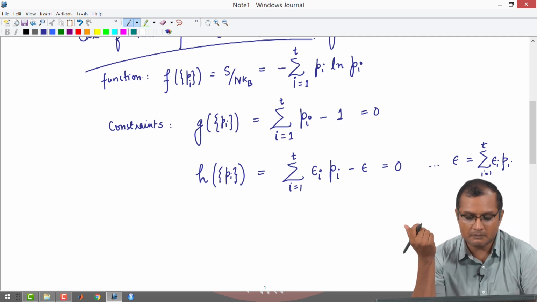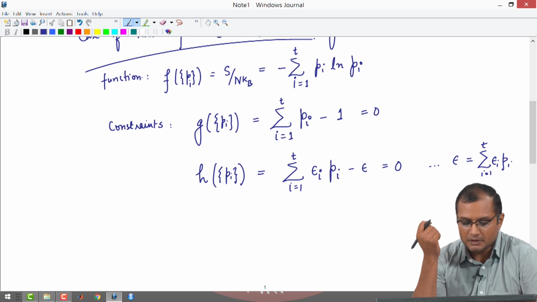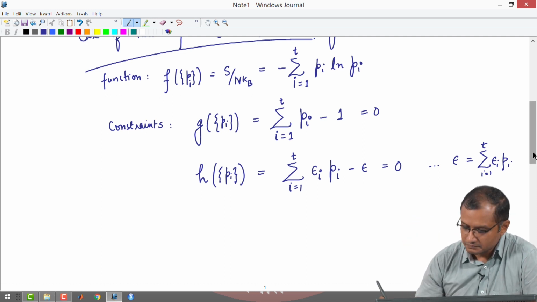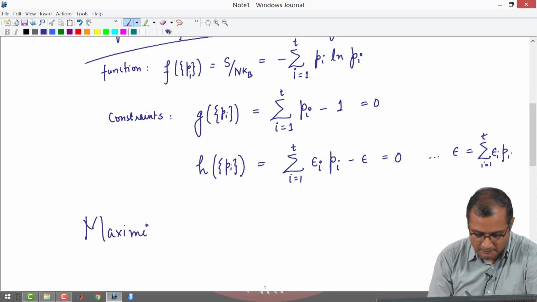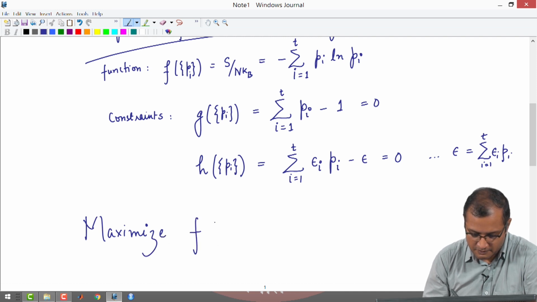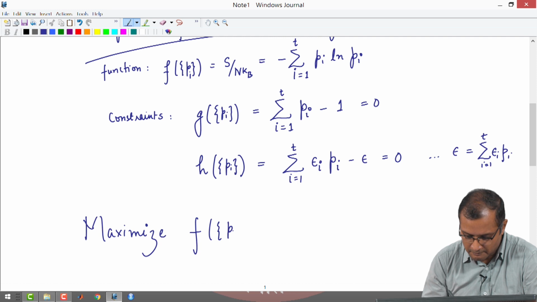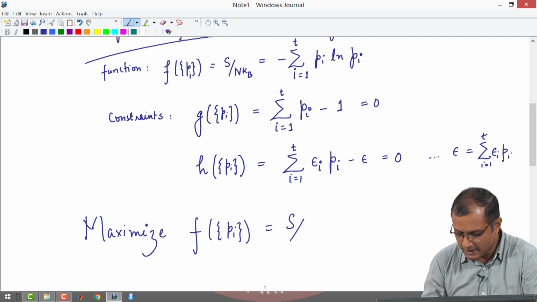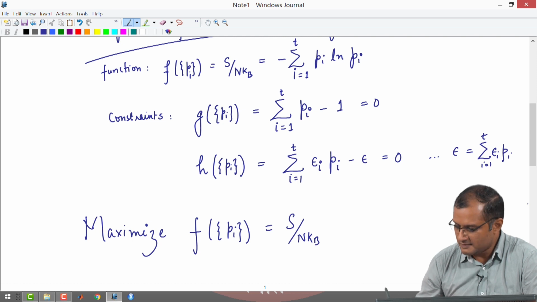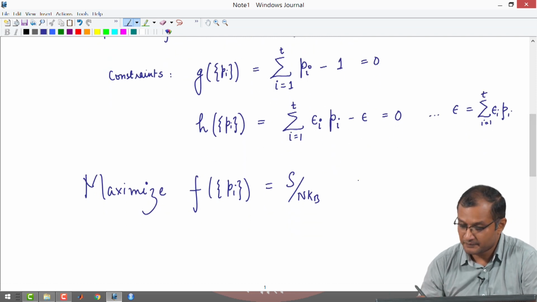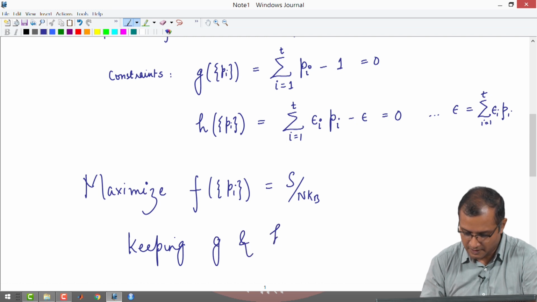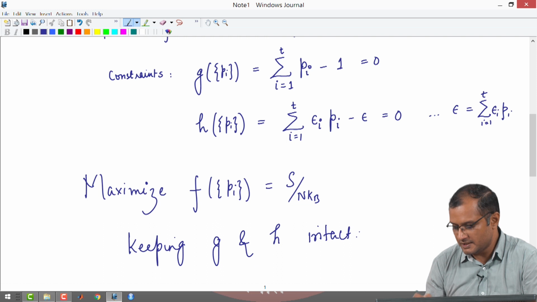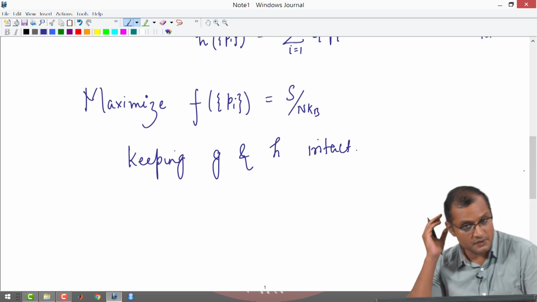So, my function is f, which is nothing but entropy per NkB, and I need to maximize my function, which is entropy, subject to the constraints, keeping g and h intact. So, under these constraints I want to maximize the entropy, and you shall be surprised to see the outcome.